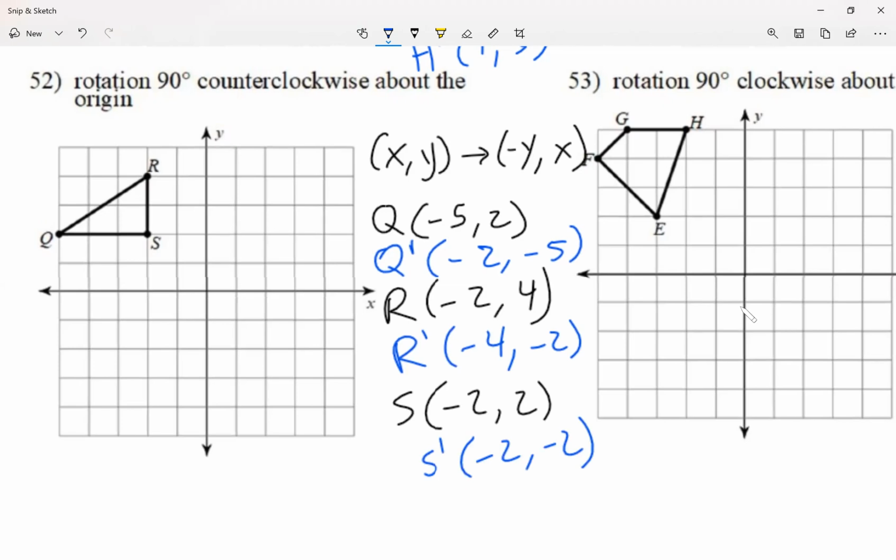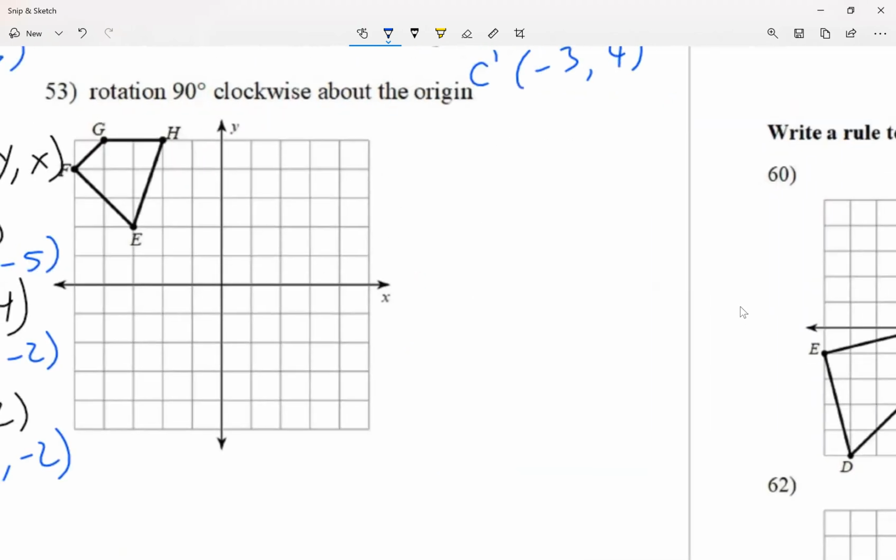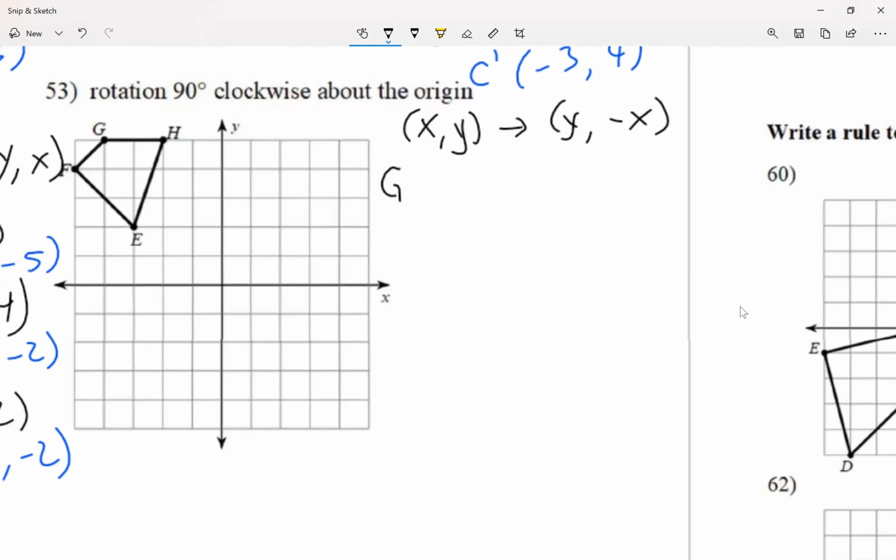Lastly, let's take a look at question number 53. According to our notes, 90 degrees clockwise, it says that (x, y) becomes (y, -x). So the values get swapped and the x value switches the sign. If I'm looking at G, it is (-4, 5).